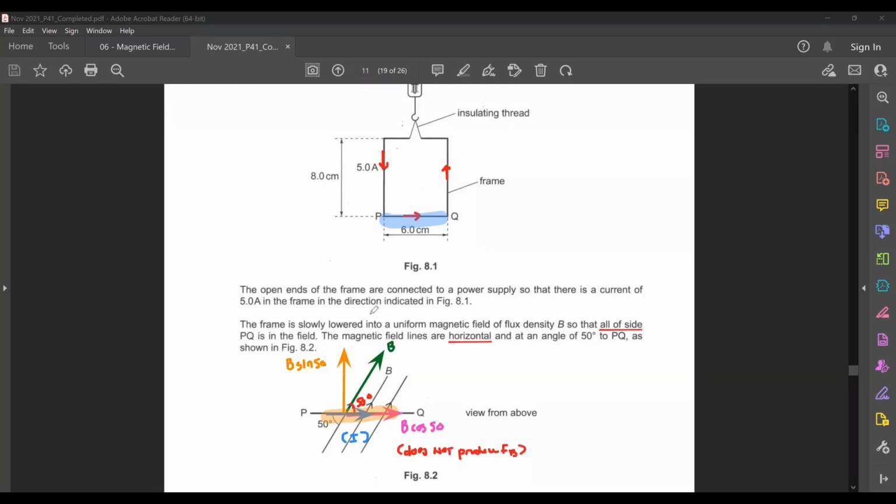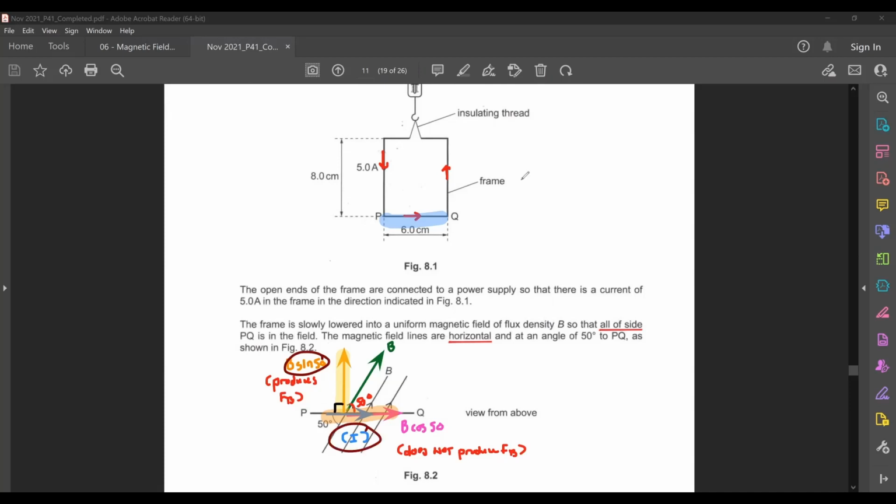Okay, and then when you look at the other component of the magnetic field over here, you can see that it forms a 90-degree angle with your current. So you can say that B sine 50 is actually what produces your magnetic force. So you want to consider the interaction between B sine 50 and your current that is going towards the right.